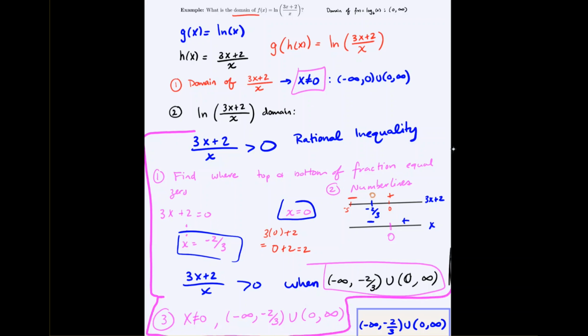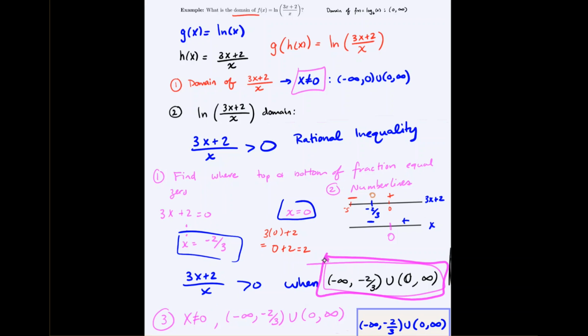which we solved with all of this effort here. So we found where both the top and the bottom equal 0. We set up our number lines and we plugged in values before and after our 0 points to determine the behavior of each of the functions before and after. Before negative 2/3, the 3x plus 2 was negative. After negative 2/3, the 3x plus 2 is positive. Before 0, x is negative. After 0, it's positive. So then we correlated when they are either both positive or both negative, and we came up with this description.